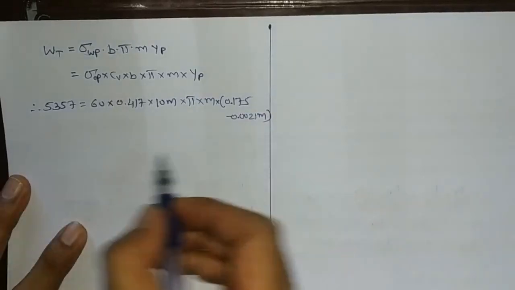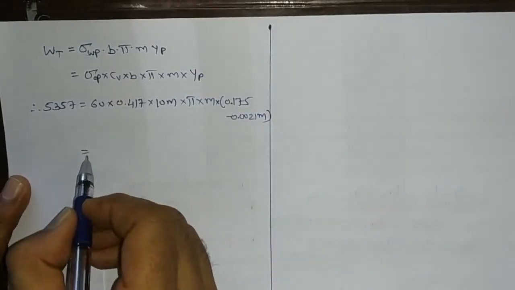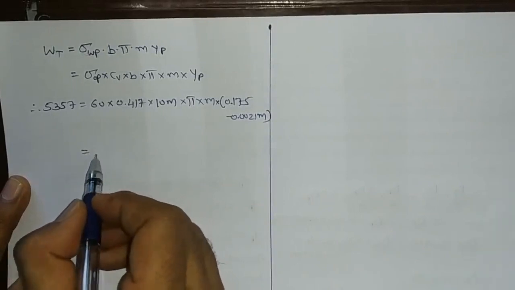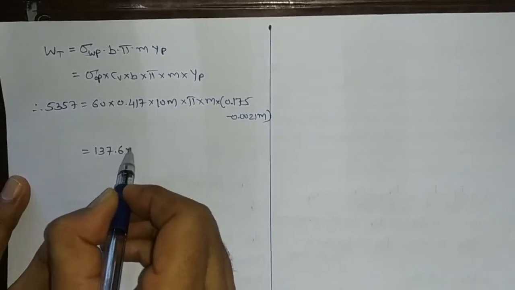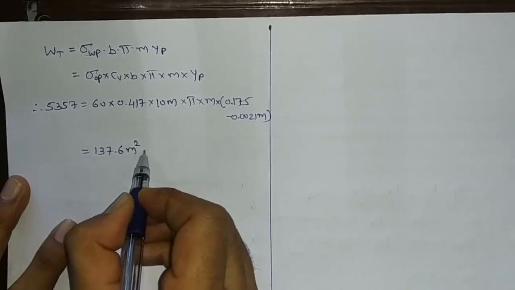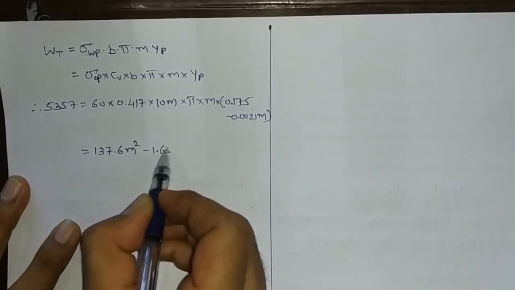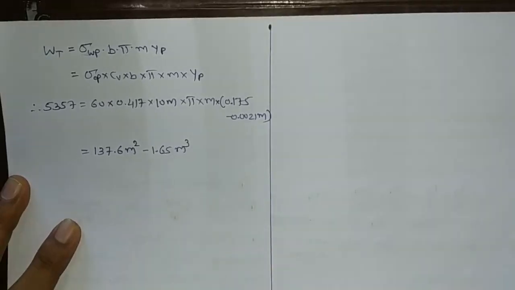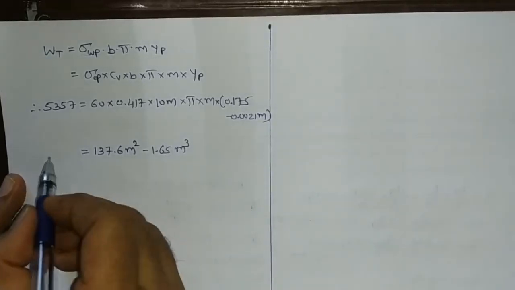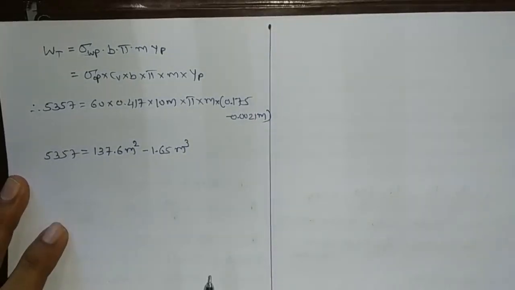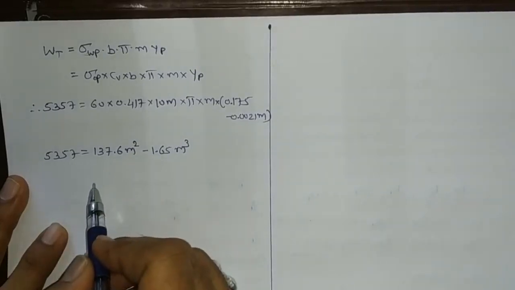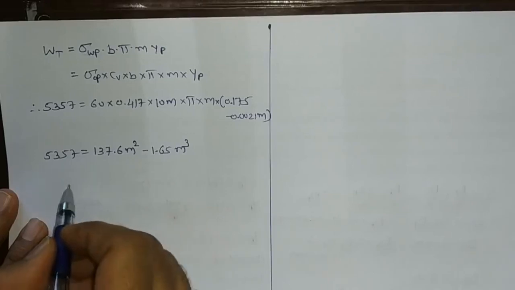By simplifying this equation you will get one equation, that is 137.6 m square minus 1.65 m cube. Solving this equation by hit and trial method, you will find the value of module.